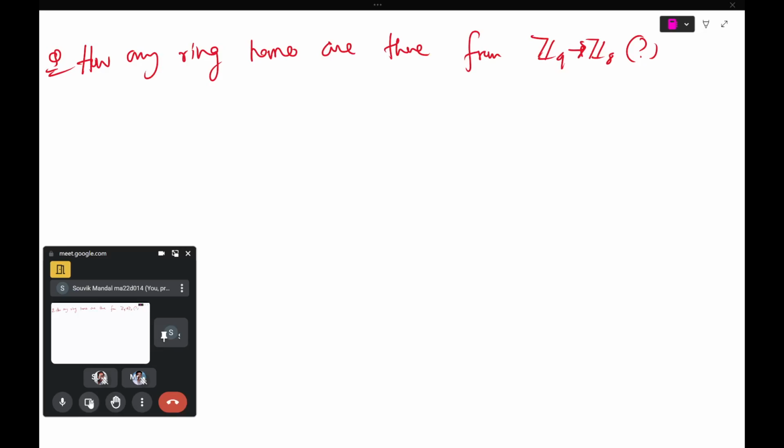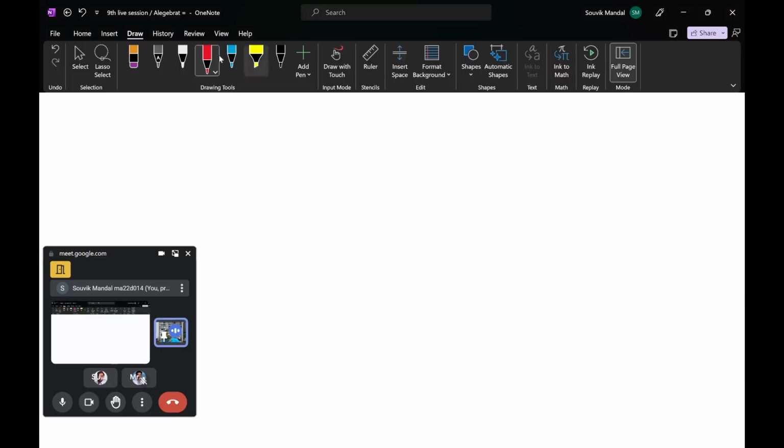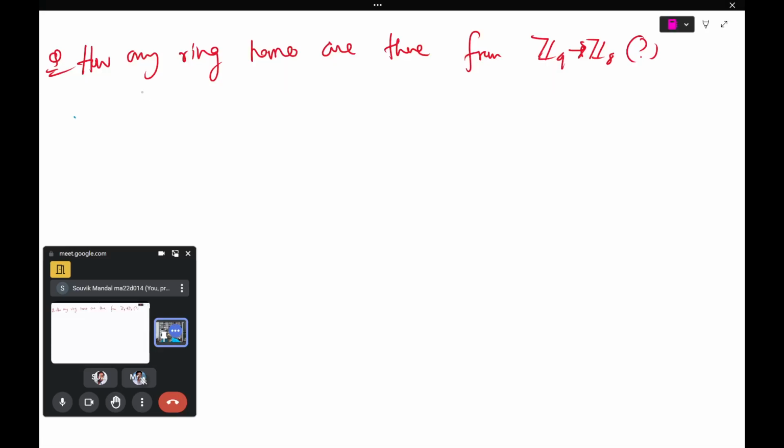So, are you able to solve this? Sir, is it the GCD of 4 and 8? Don't try to use some random theorem. Do it from scratch.